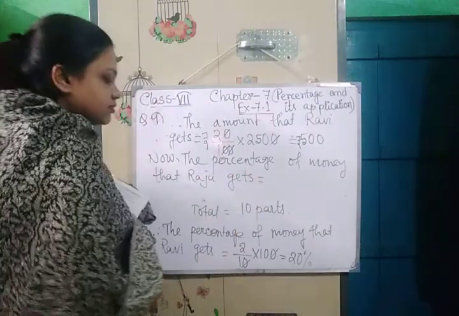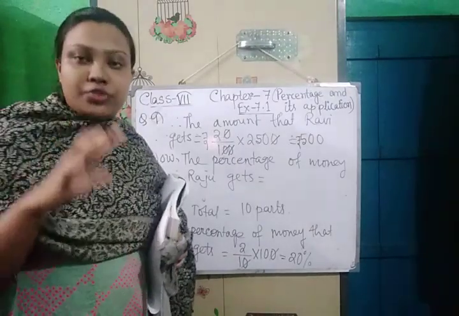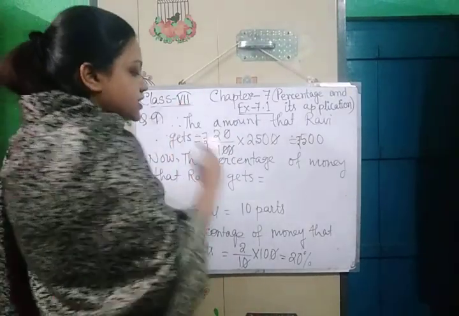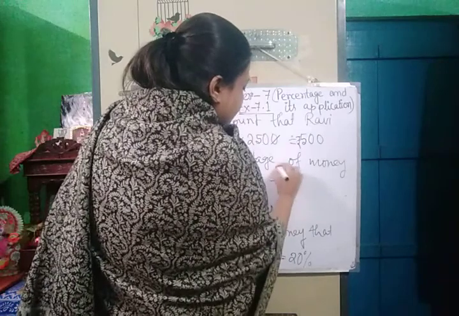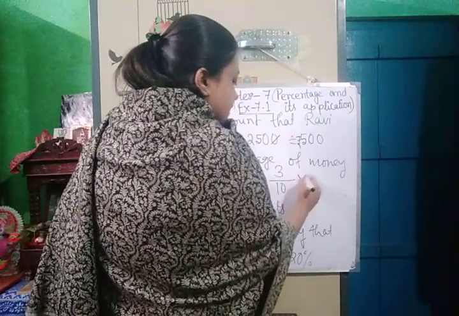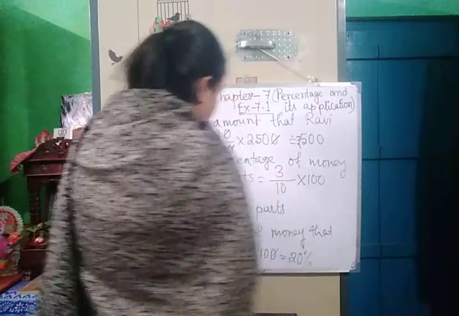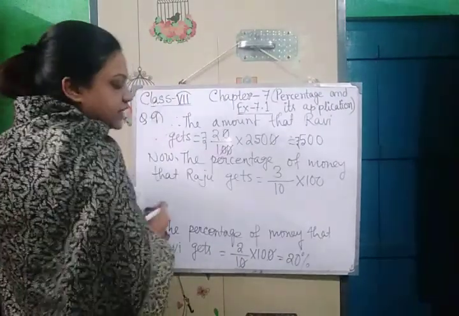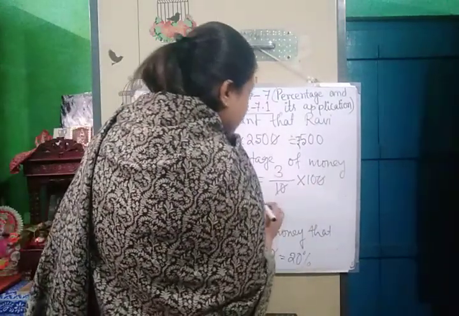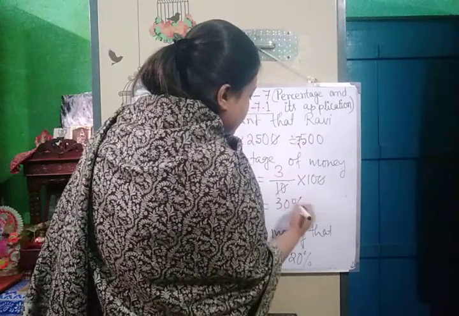Raju gets 3 parts out of total 10 parts. So what is the fraction? Out of 10 he gets 3 parts. Now percentage means into 100. So just do the cancellation. 10 cancelled, so it will be 30%.